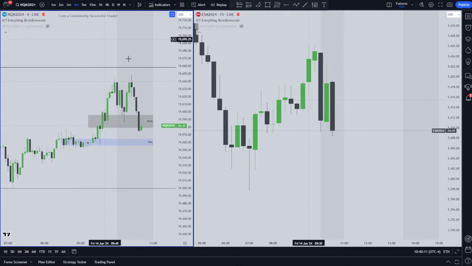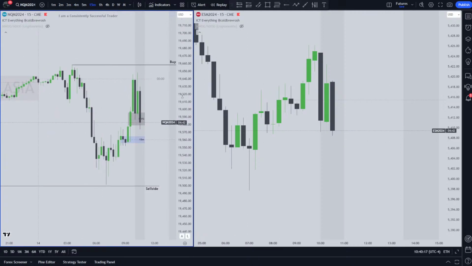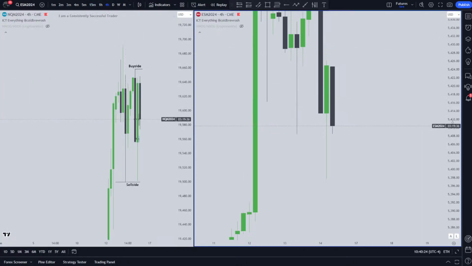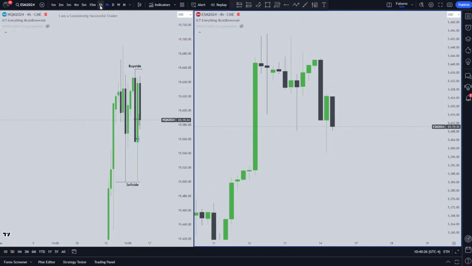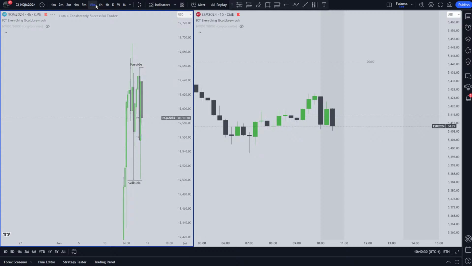In fact, I'm considering, let me just double check if this lines up with my rules. So, what have I got here to work with?